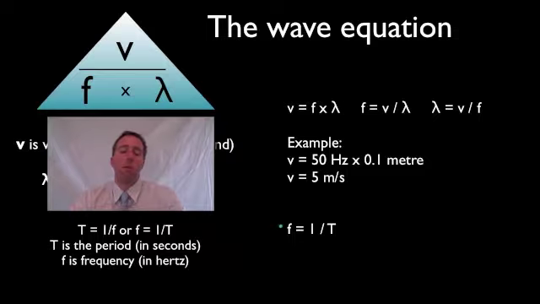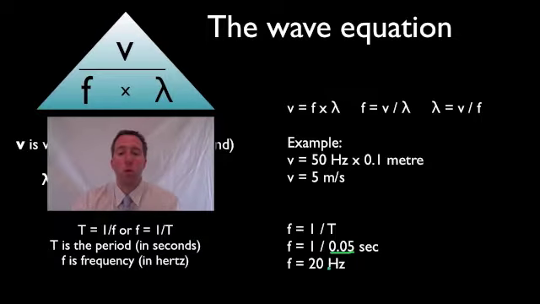If I want to figure out the frequency and I've been given the period, so one wave goes past every 0.05 of a second, then the frequency of that wave is going to be 1 divided by 0.05, so it's 20 times per second, or 20 hertz.